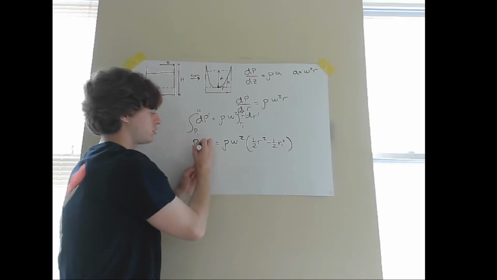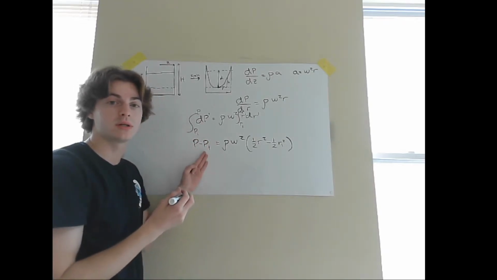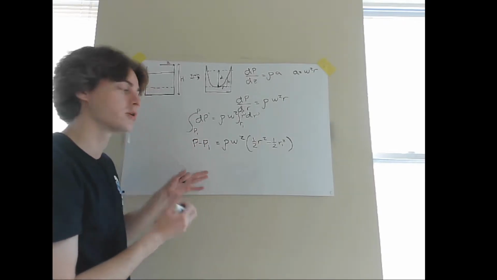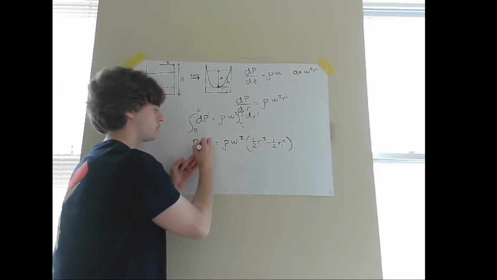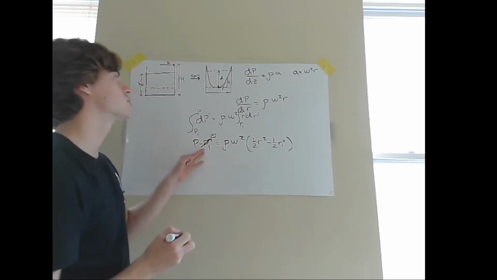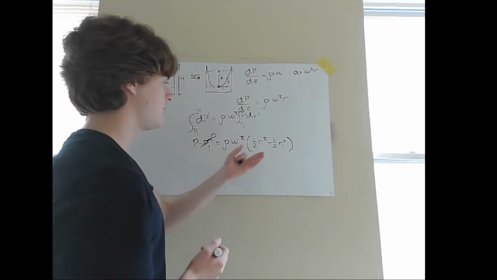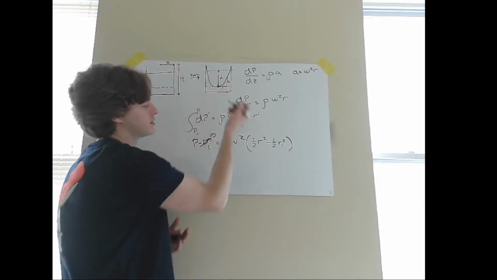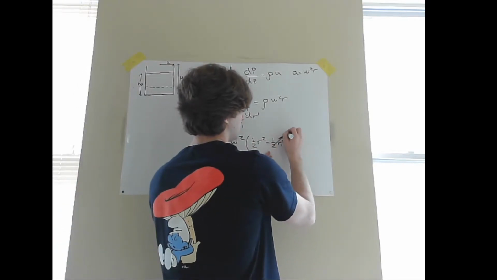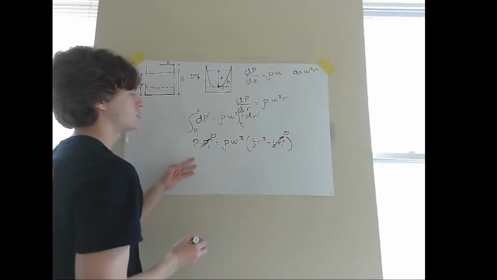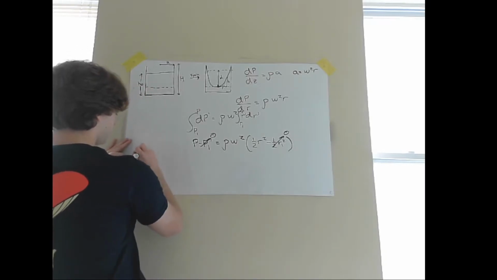So our starting pressure is atmospheric pressure. Since we're considering this in gauge pressure, atmospheric pressure is 0, because we're more focused on the change in pressure, not the absolute pressure. And for the radius, since we're starting at the center, R1 is also going to be 0. So we're left with this expression over here.